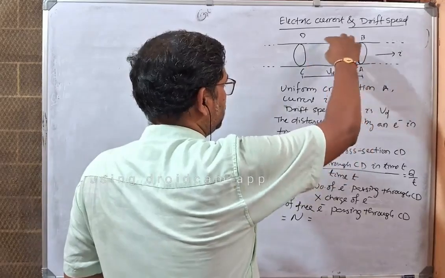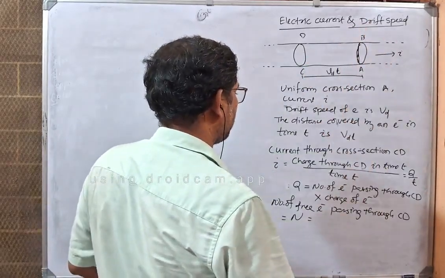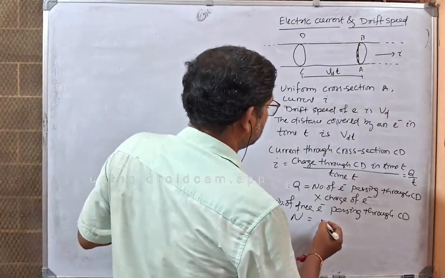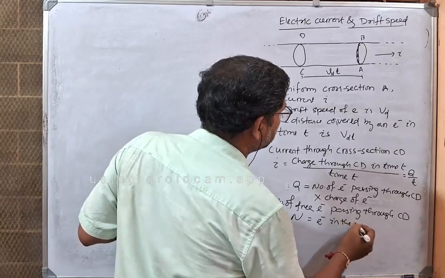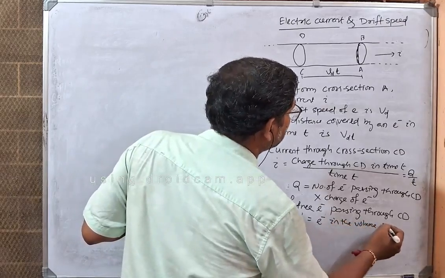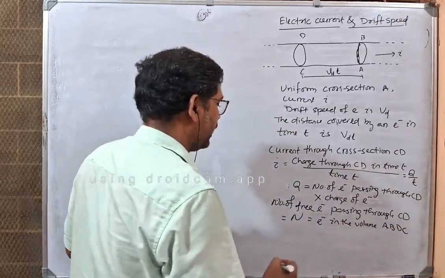It is equal to those electrons which are within this volume ABDC.